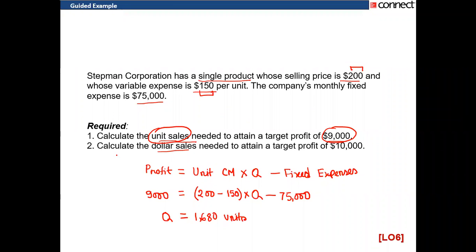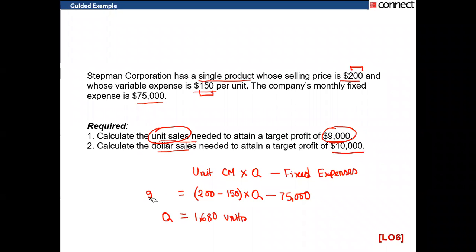Now, the second thing we would like to know is, for the target profit, what amount of dollar sales is needed. We can use a similar kind of equation, but we need to change some portion.